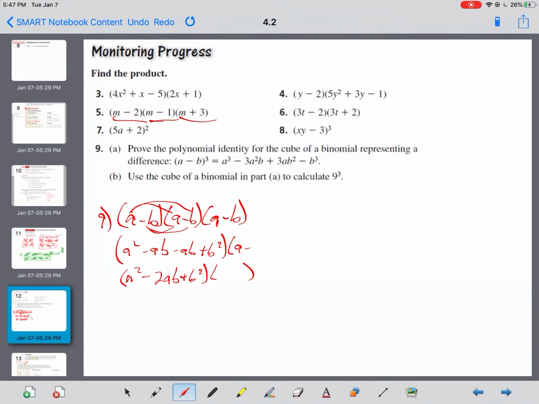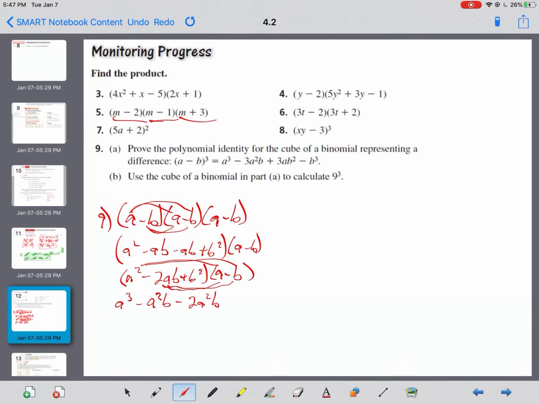And don't forget, it's all times a minus b. Got to bring that down. A squared times a is a to the third. A squared times negative b is negative a squared b. Negative 2ab times a is negative 2a squared b.